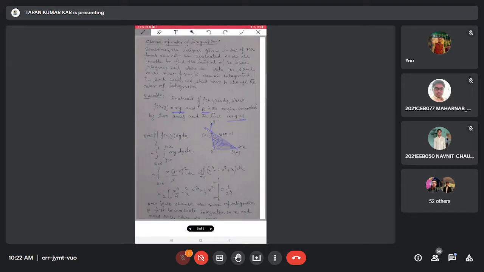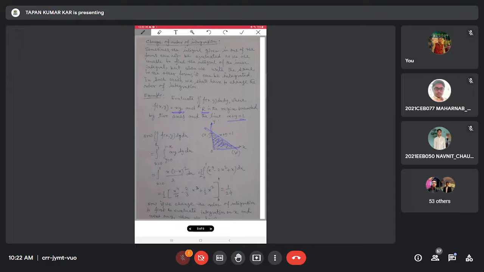Say if your new variables are u, v, then dx dy equals Jacobian into du dv. And here it is not the change of variable, here it is the change of order of integration. That is, first we will do with respect to x, then y, or first with y, then with respect to x.